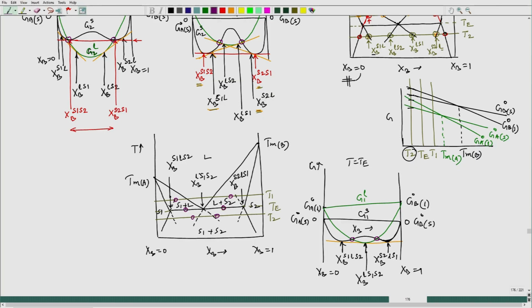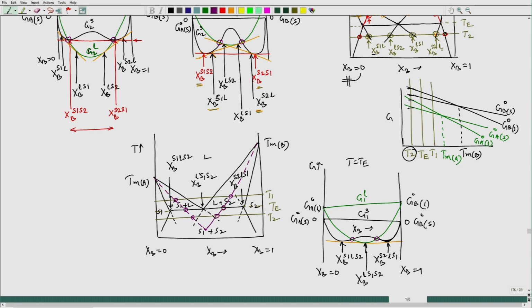And if we follow it up with those points and keep connecting, you will see that the connection will pass through like this. Here also it will pass through like this, and then they will cut, and this cut is coming below the eutectic temperature.